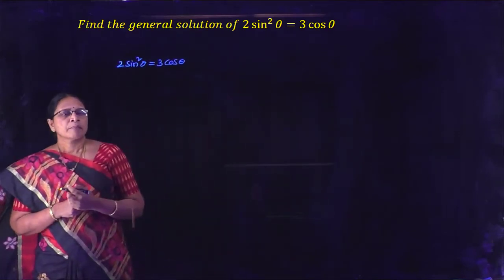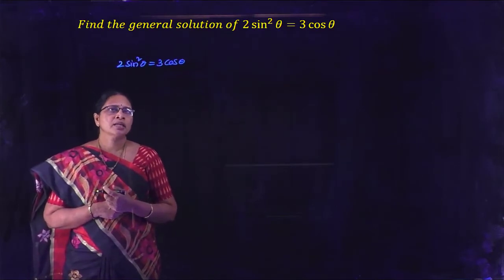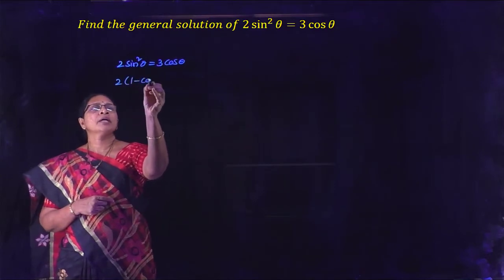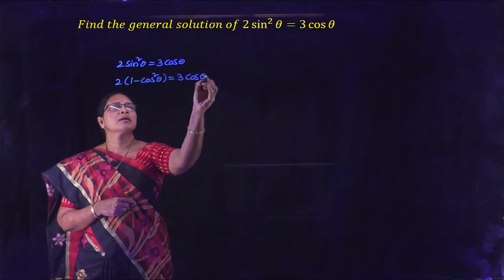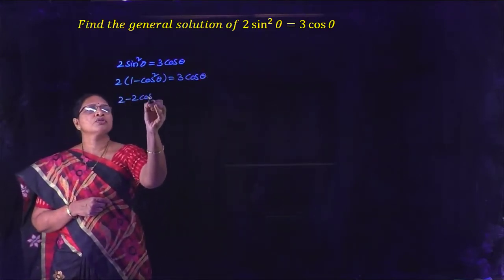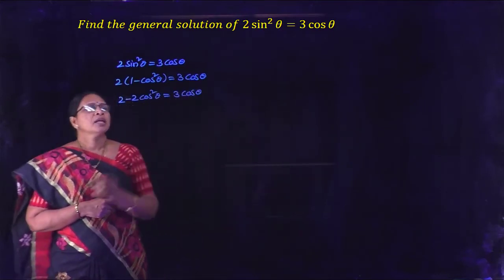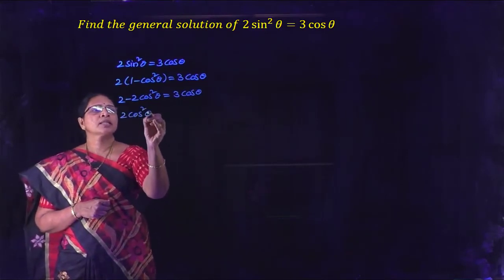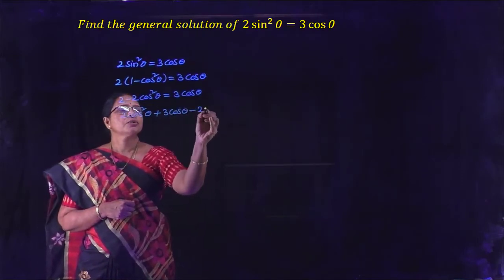For this, by using the identity formula, we can write sin square theta is 1 minus cos square theta. 2 into 1 minus cos square theta is equal to 3 cos theta. Multiplying 2, we get 2 minus 2 cos square theta is equal to 3 cos theta. Rearranging this equation, we get 2 cos square theta plus 3 cos theta minus 2 is equal to 0.